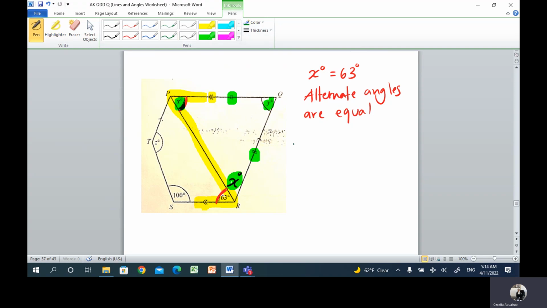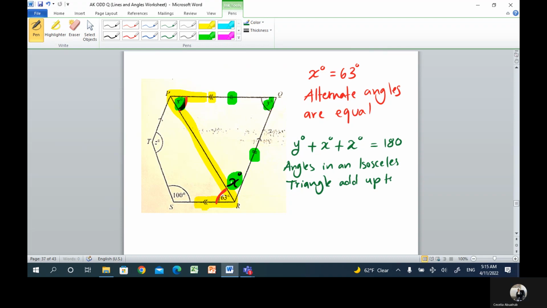Accordingly, we're going to start with y now because it's our unknown. Y plus x plus x are equal to 180. Angles in an isosceles triangle add up to 180 degrees.